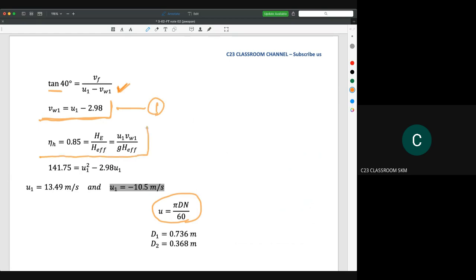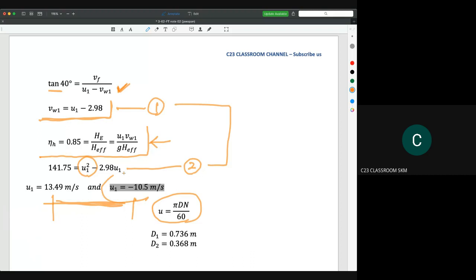This is the equation of hydraulic efficiency, and then we substitute all the values. So we could get another equation like this one. From these two equations, we could find the value of U1 because it is a quadratic equation. Here we could get 13.49 and minus 10.5.